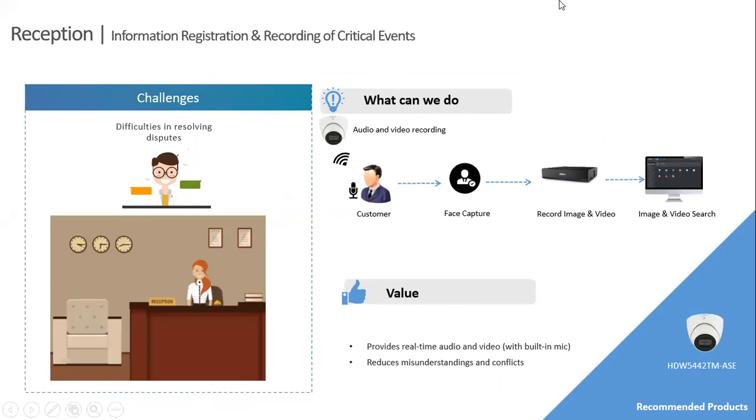Some of the models are supported. If you're going to do project-based products, we highly recommend our Series 5 cameras. For SMB projects, we wish you to go with our Series 5 cameras.